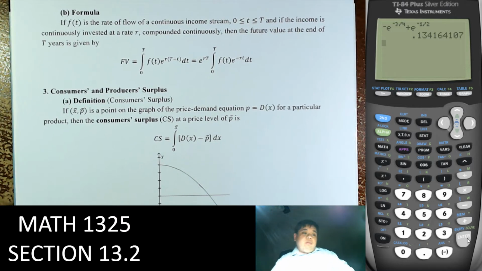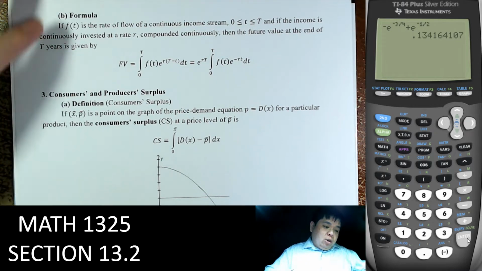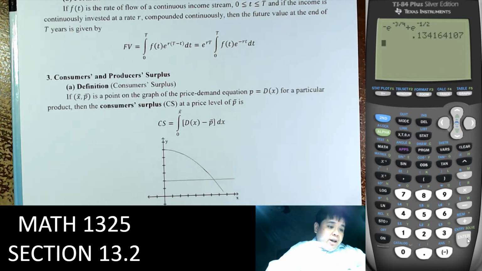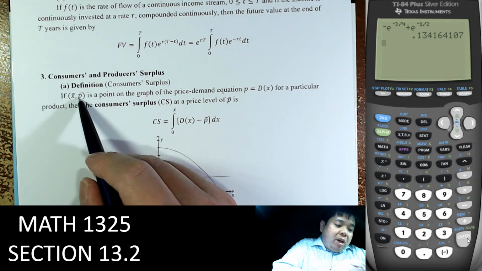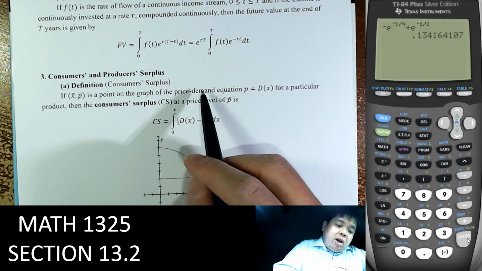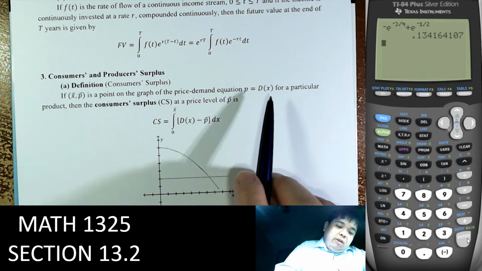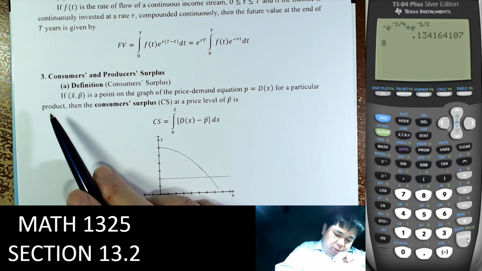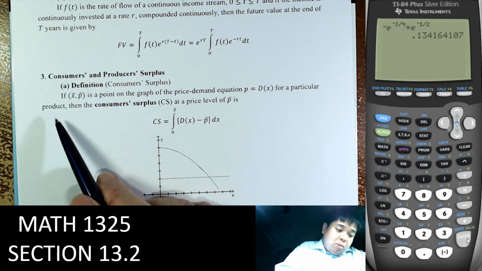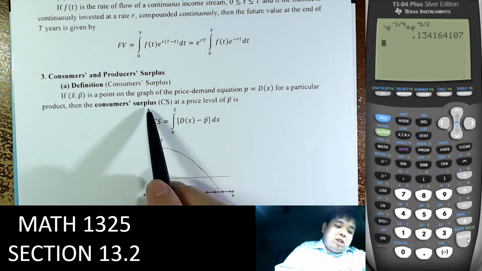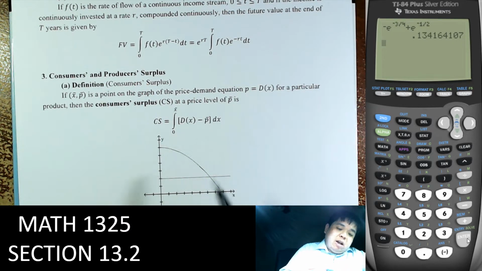Right, number 3. Consumer surplus and producer surplus. Consumer surplus: if (x bar, p bar) is a point on the graph of the price-demand equation for a particular product, then the consumer surplus at the price p bar is given by this.